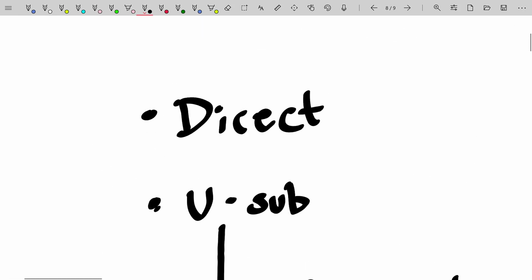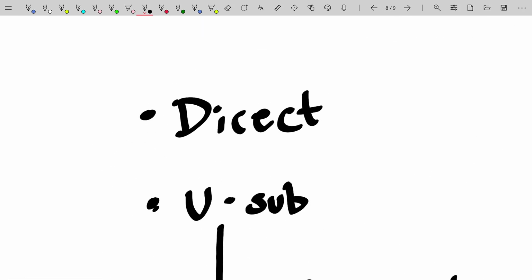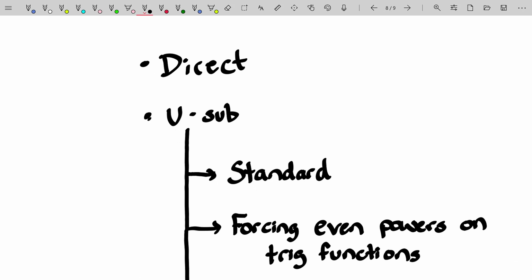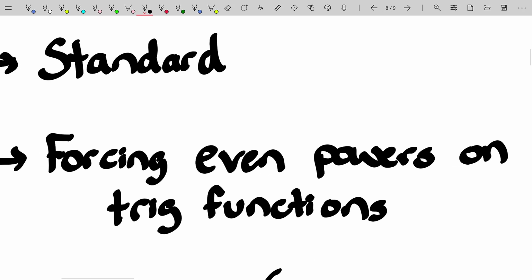Or we could do a u substitution, and that's pretty much all of the other techniques that you know up to this point other than by parts. U substitutions are typically just u subs, but there are other kinds of specialized substitutions, ones where we force even powers on trig functions.